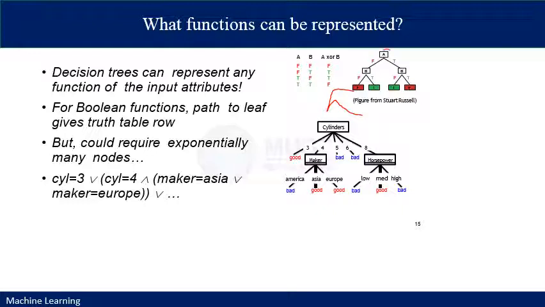For example, as you can see, the first path, false false, gives the first row of the truth table. But it could require exponentially many nodes. On the other hand, if you have discrete values, you can see that you have different values for each node, and you can traverse the path to find a classification rule.